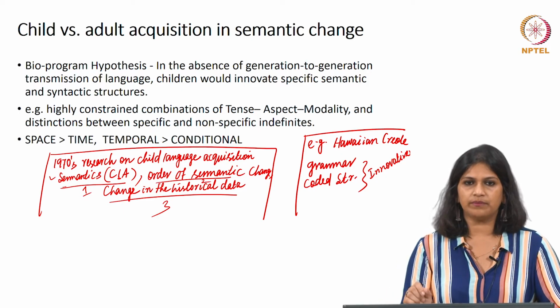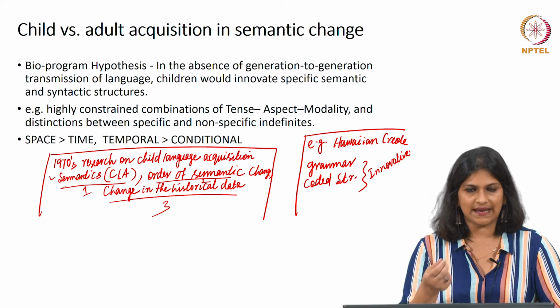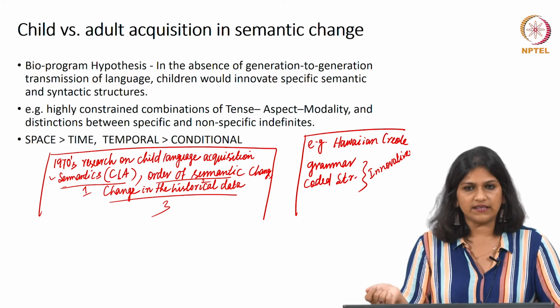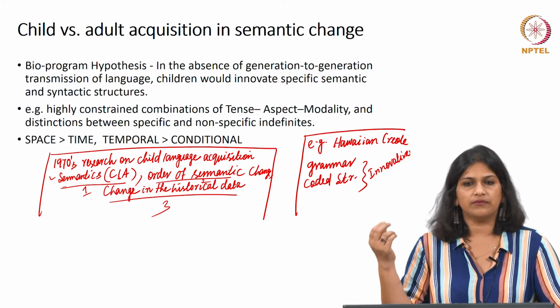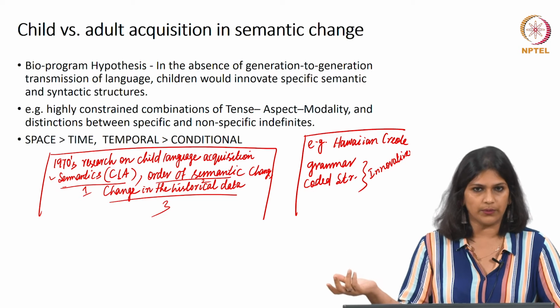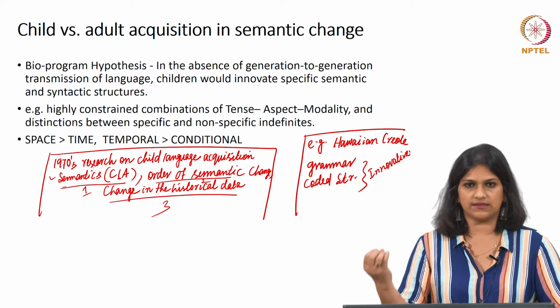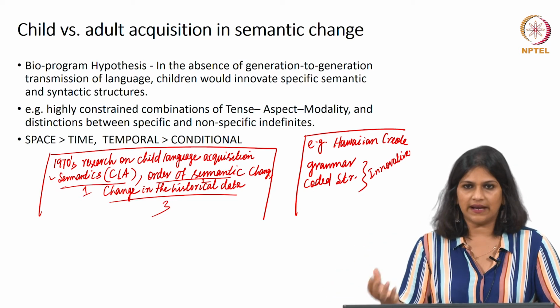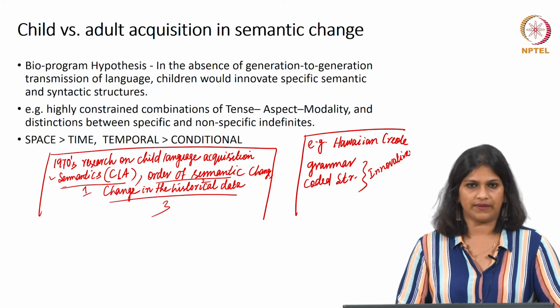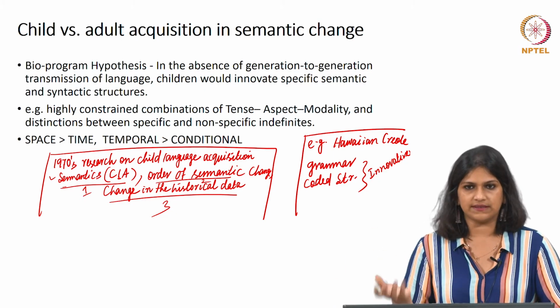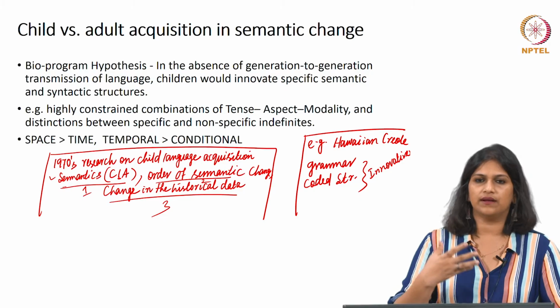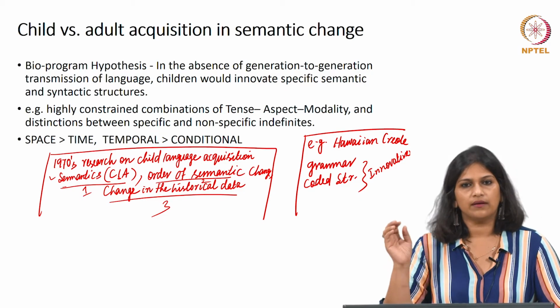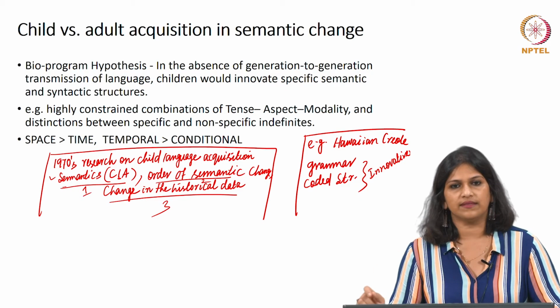Temporal would be related to time, so the time-relating phrases, and conditional would be phrases like if or whether, right. The conditional phrases the child acquires later, and the temporal phrases come much before the conditional phrases.